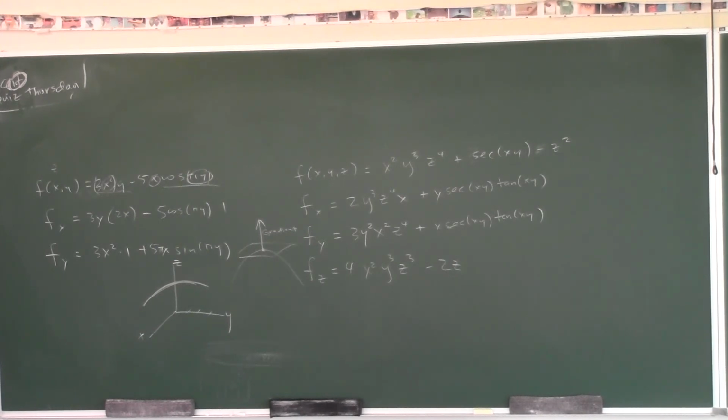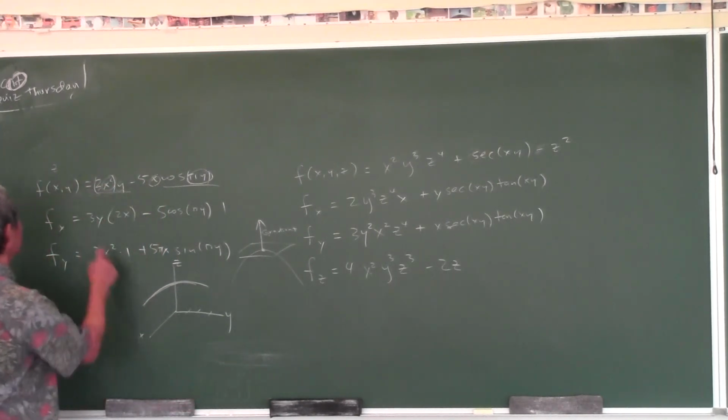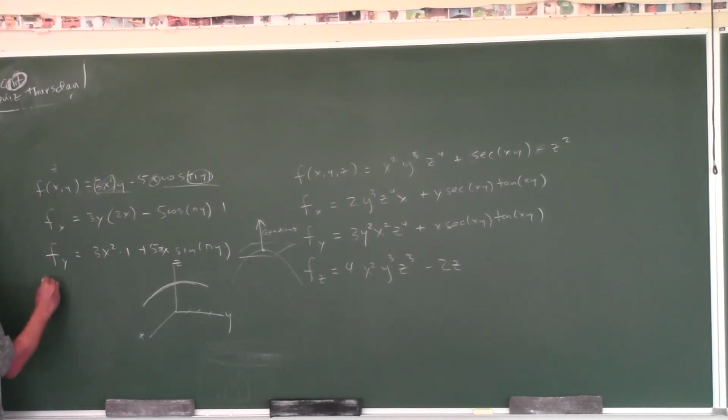Where's the problems? Oh, I forgot to tell you about this other notation. This symbol is, I guess, like Leibniz's notation. So if this is f, we can also write it like this: the partial of f with respect to x.